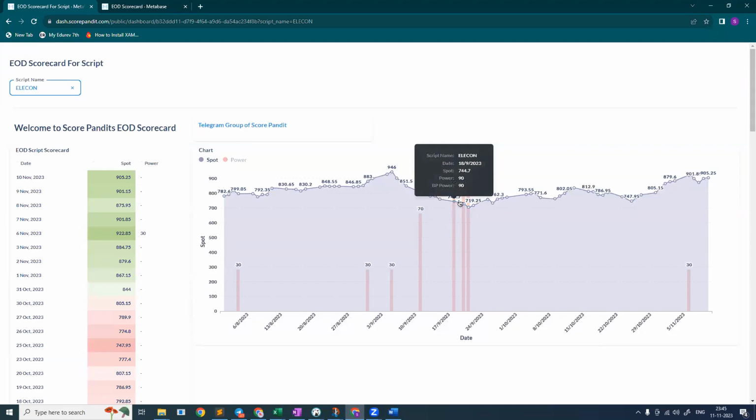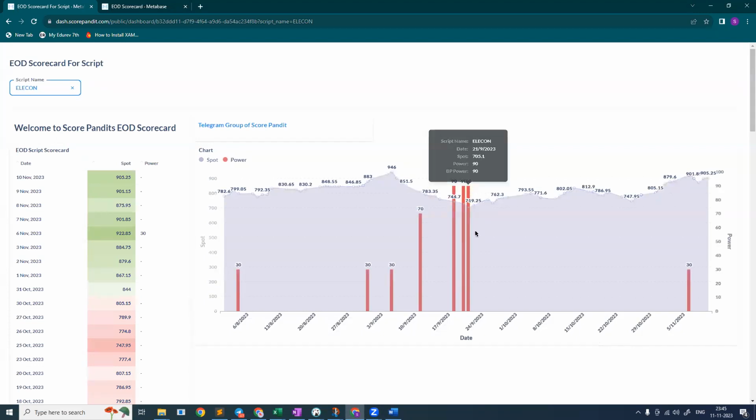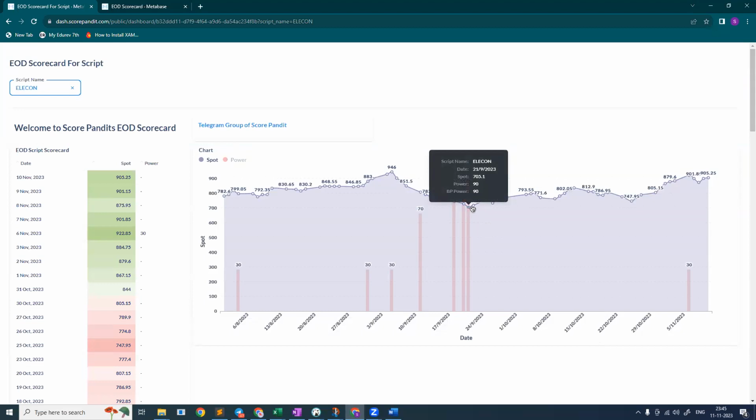I think this particular date, this one, right? So we see 21st September, we have a red bar. This red bar is nothing but an indicator that some big players have come in here. So 709, this is 21st September, and we have a BP power of 90. And the spot on this day, the closing spot, was 705.